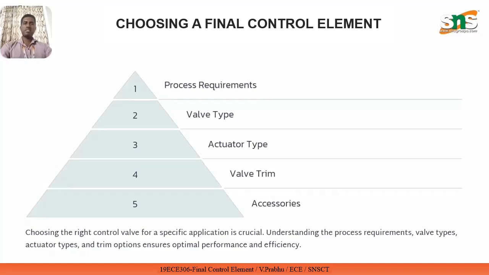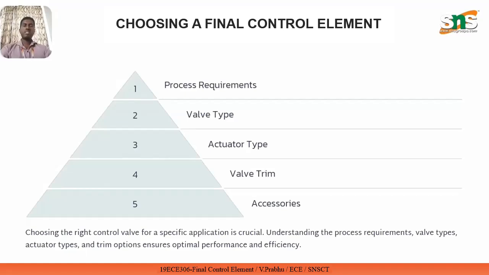And then once we decide the actuator, we will select the valve trim. So what is the minimum flow rate, maximum flow rate, as well as the pressure drop. Based upon the flow characteristics which we want to achieve, we are going to select the valve trim. As we have seen earlier, we have three different types: linear, equal percentage, and quick opening type characteristics, which are inherent characteristics.